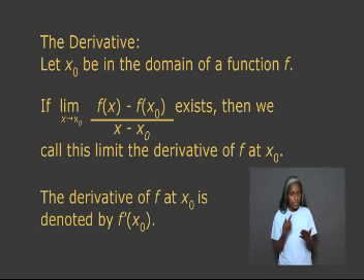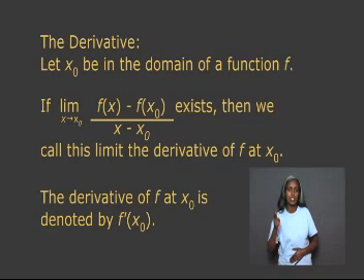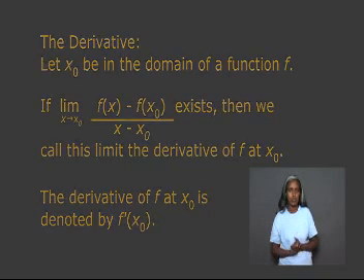This is denoted by f prime of x naught. If f prime of x naught exists, then we say that f has a derivative at x naught, or f is differentiable at x naught.